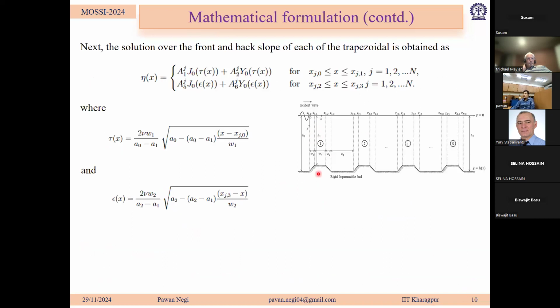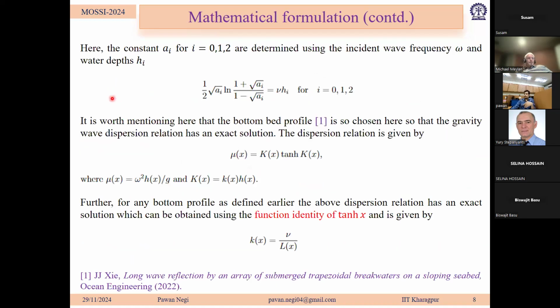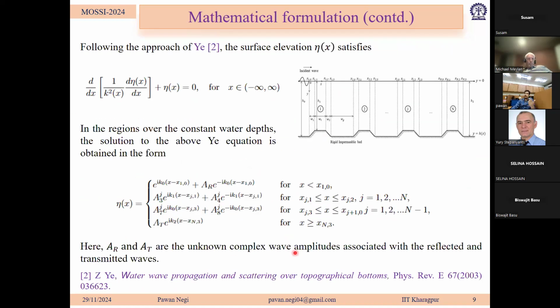Although we have found the solution over each of the constant bottom beds, coming to the front and back slopes, we can open up this equation and substitute the value of k from this formula to get a new equation.